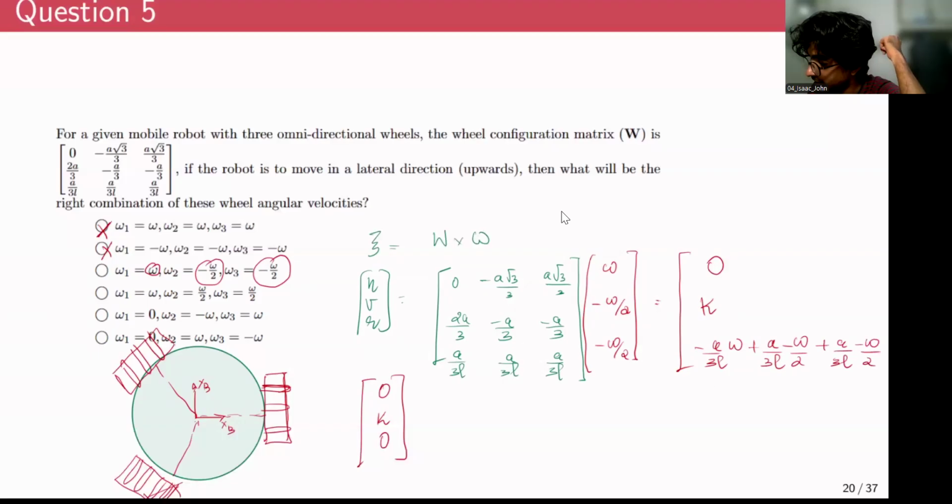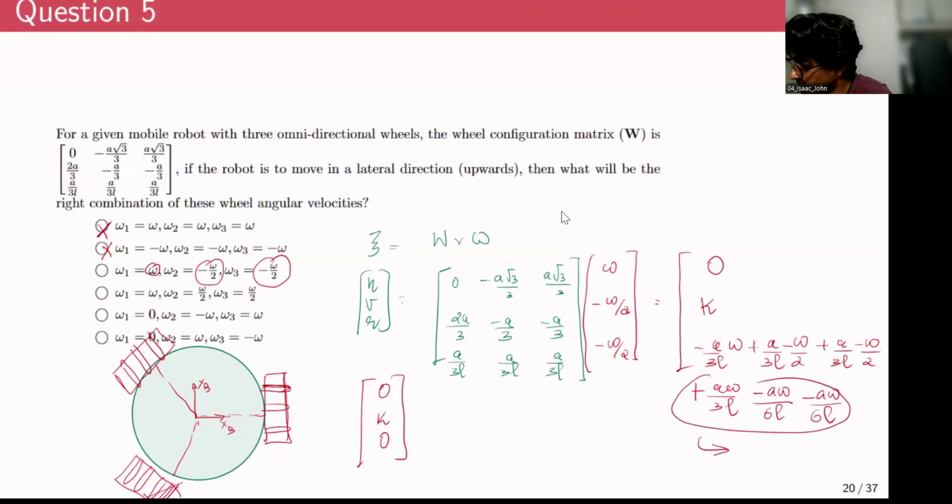And if you expand this out, this is a omega by 3L minus, this is plus a omega by 3L minus a omega by 6L minus a omega by 6L. So this entire term is actually going to be 0, right? So that term is actually 0.